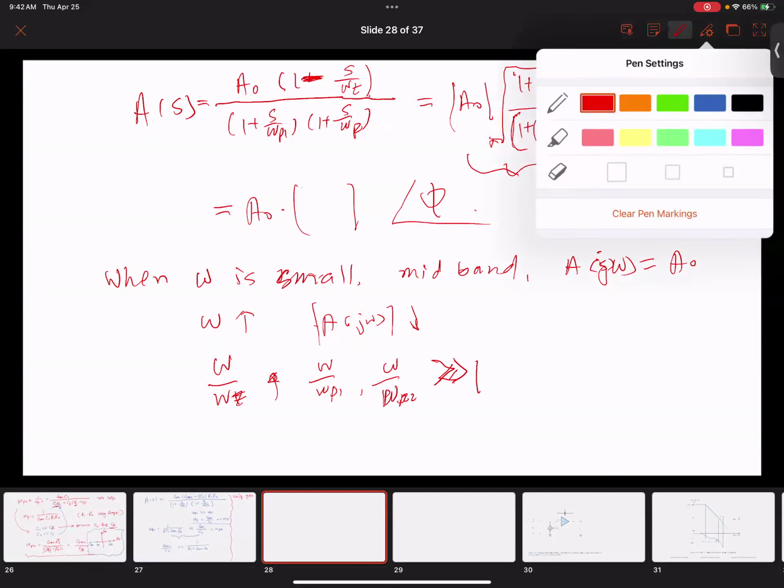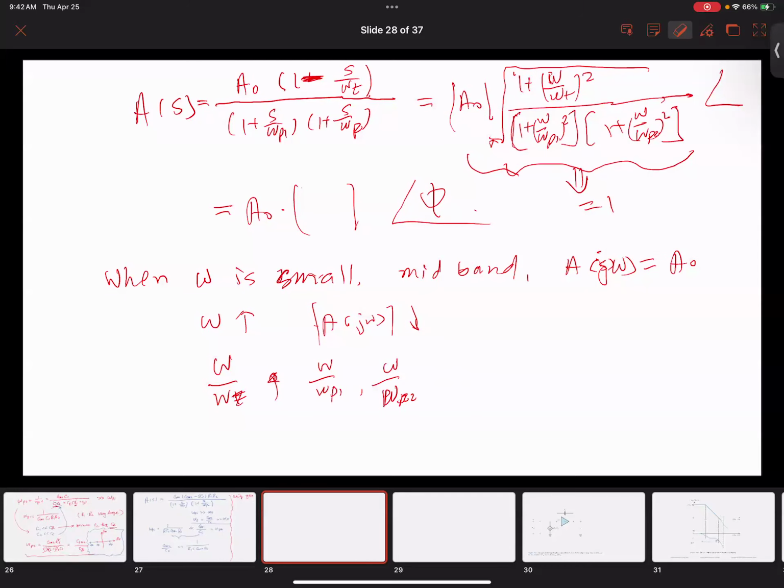Each of these values is going to be, at some point, much larger than 1. So if they're much larger than 1, we can neglect that 1.